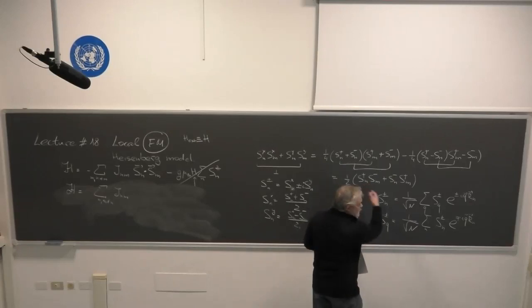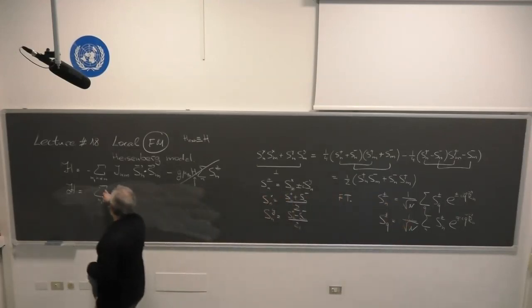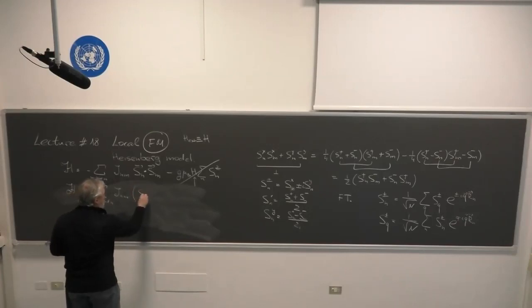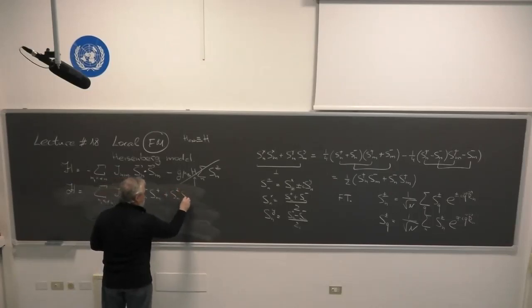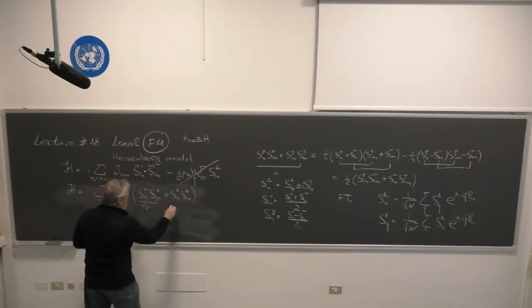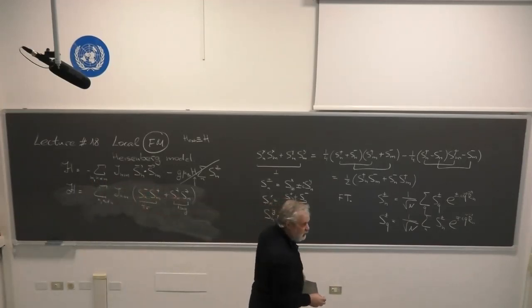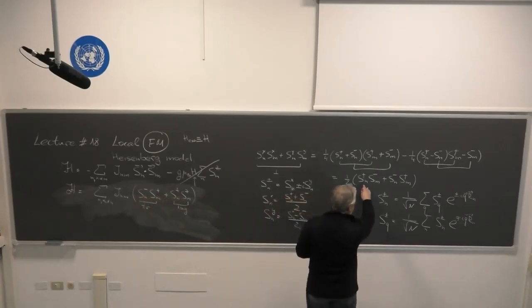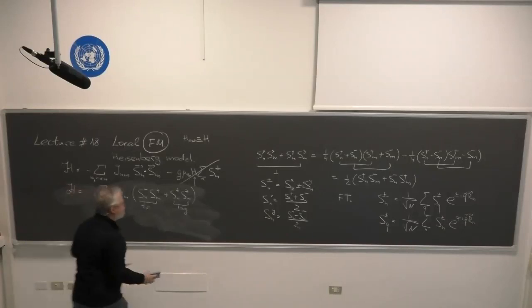Since these operators commute on being on different sites, and here I have explicitly conditioned that they are on different sites, without losing generality, I can write S_n^- S_m^+ plus S_n^z S_m^z. Once again, this is the transverse part, this is the longitudinal part. Okay? You understand what I did? In the first term, I just renamed n as m and m as n, and I commuted because spin operators commute when taken on different sites.